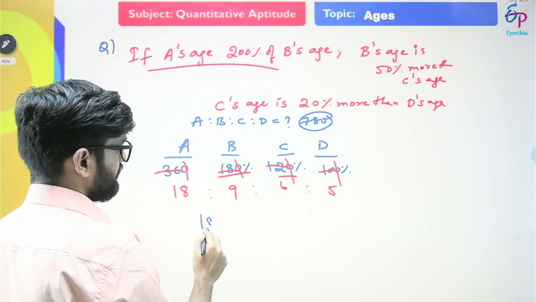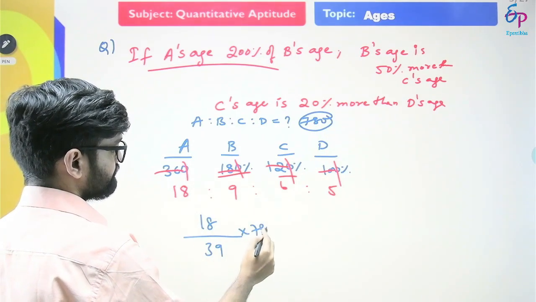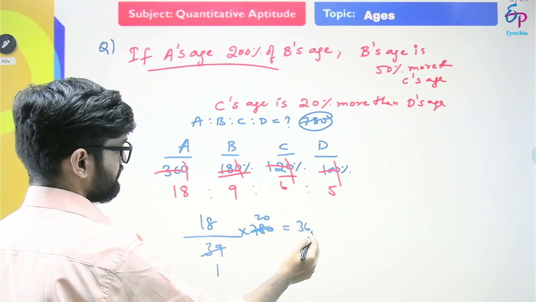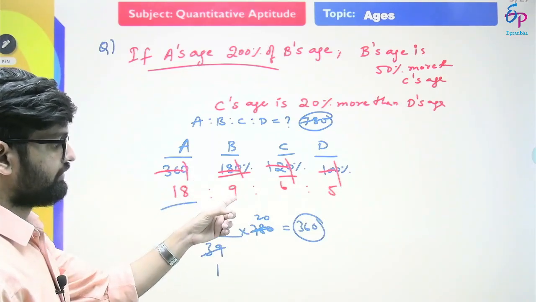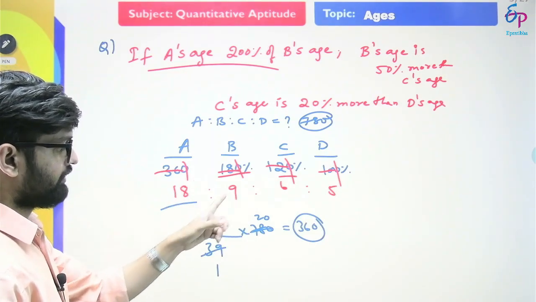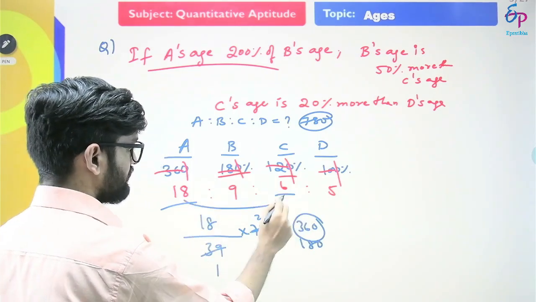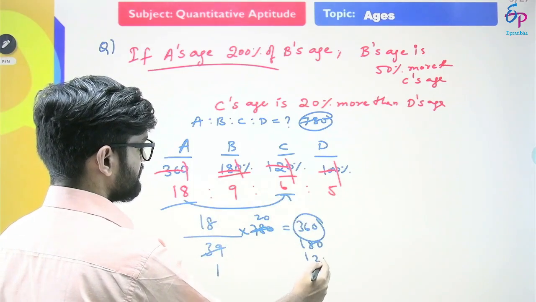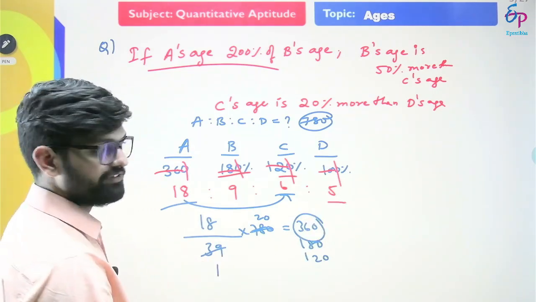What is A? 18 by 39 into 780. The answer is 360, the age of A. This is half, so 180 is the age of B, and this is 1/3, so 120 is the age of this one.